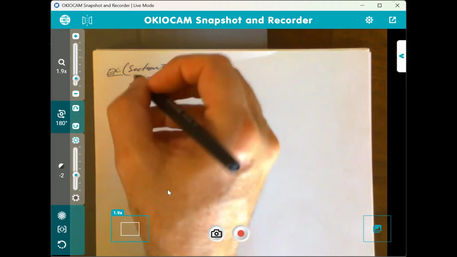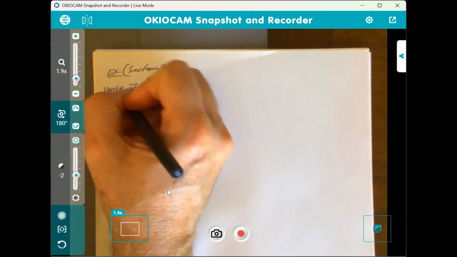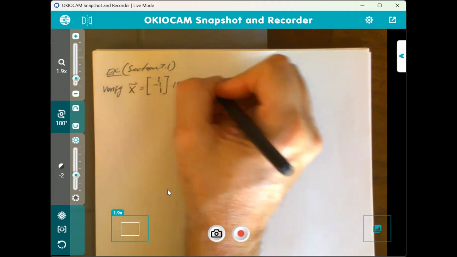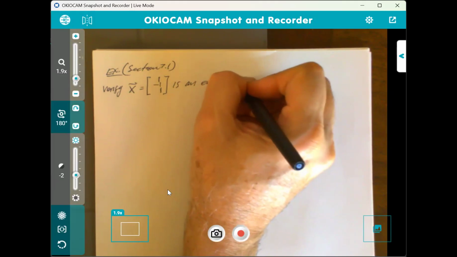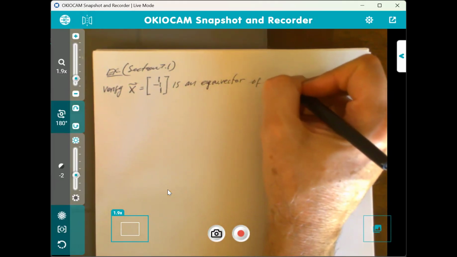And we want to verify that this column vector is an eigenvector of some matrix. And that matrix, I'll give you the matrix.